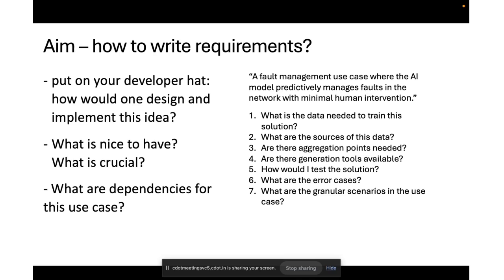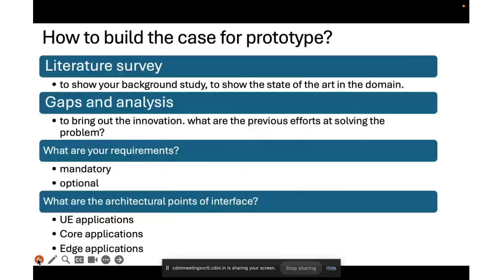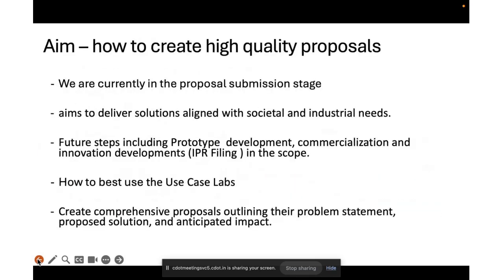And how would I test this solution? Do I need simulators? Do I need tool sets which are in your 5G use case lab? Or do you need open source solutions, right? If you remember, we looked at this point on how to best use the use case labs.